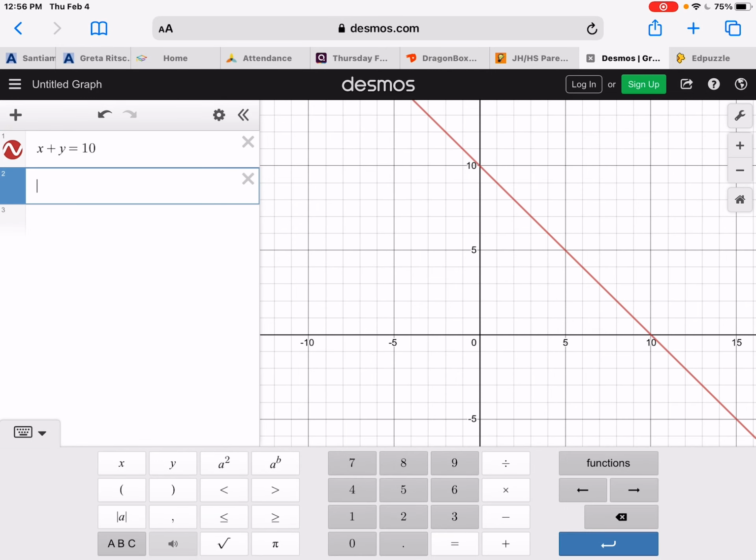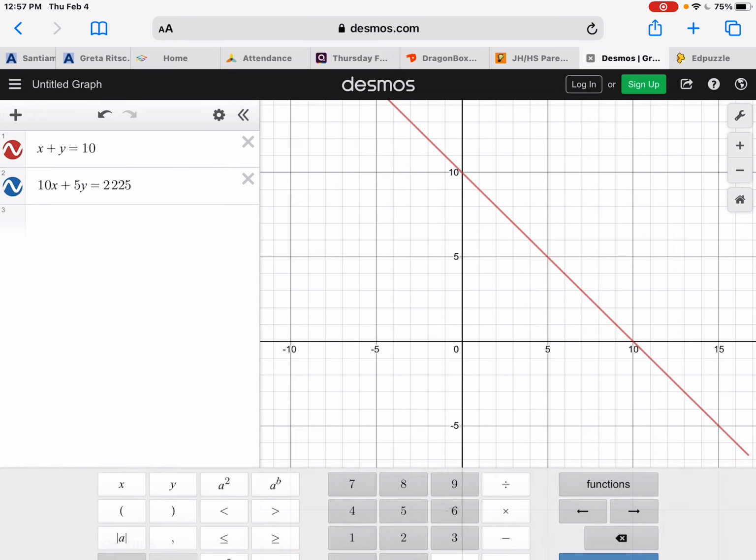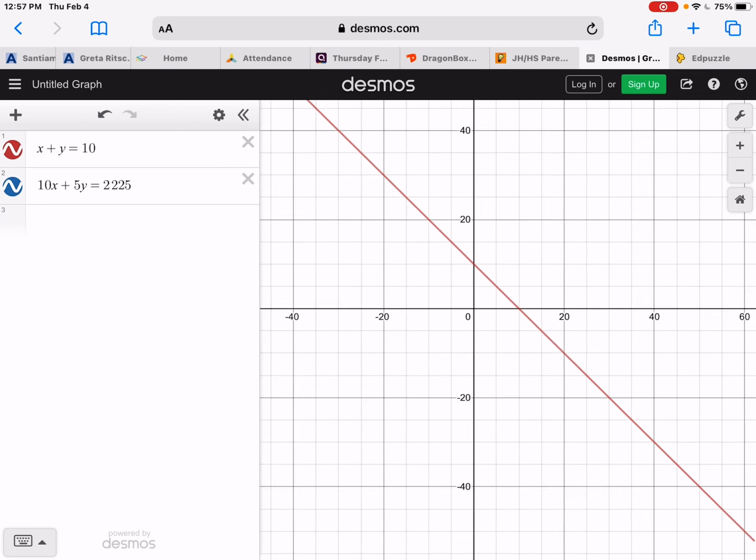And the second one was 10x plus 5y. Oops, that needed to be a 15y, equals 2,225. Oh, interesting. What happened here?